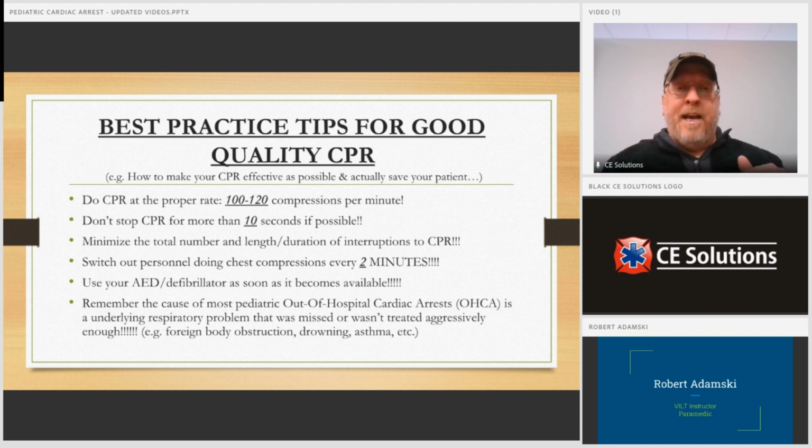All right. Because if you get these respiratory pediatric patients that are unstable or decompensating, then you need to treat them more aggressively and also call ALS, or advanced life support, to help you out, to help prevent that patient from going into cardiac arrest.